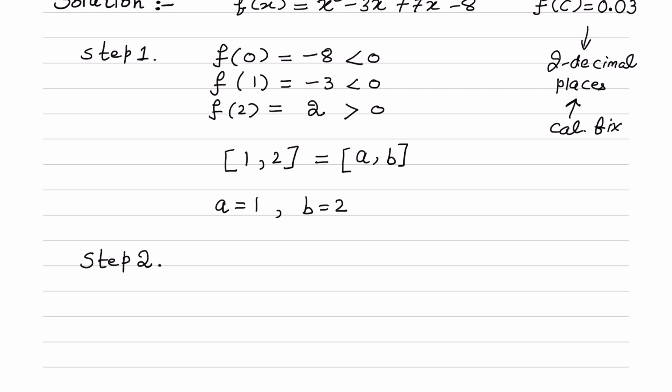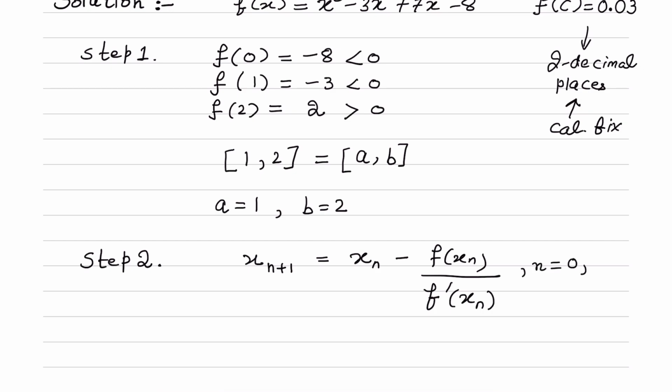To start with step 2, we will write the iteration formula for the Newton-Raphson method, which is x n plus 1 is equal to x n minus f of x n over f dash x n, and dash here represents the derivative, and n here runs from 0, 1, 2, 3 and it goes on.